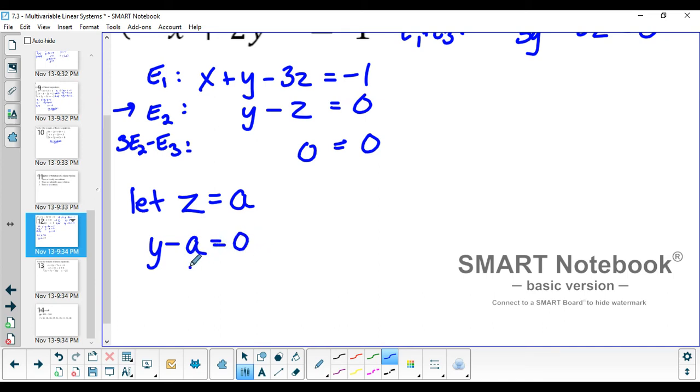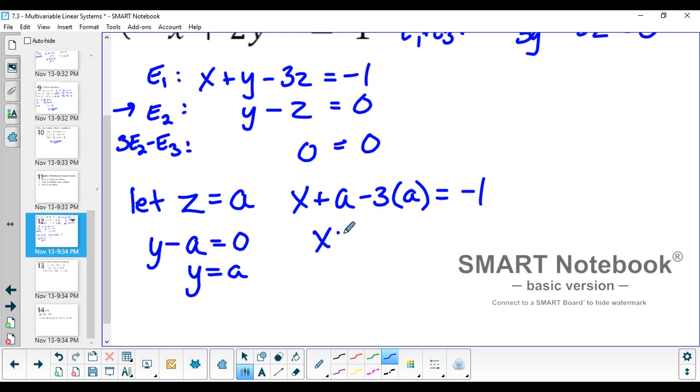So I add a to both sides, y also equals a. And then I can plug both of those into the first equation, and I get x plus y, which is a, minus 3 times z, which is also a, is equal to negative 1. So a minus 3a is negative 2a. So if I add 2a to both sides, we get x is equal to 2a minus 1.